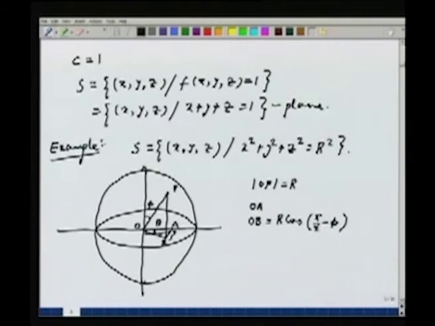This is my z axis, this is x axis, and then here is my y axis. Okay. So I have found out what is OB. Well, what is r cos pi by 2 minus phi? This is nothing but r sin phi.